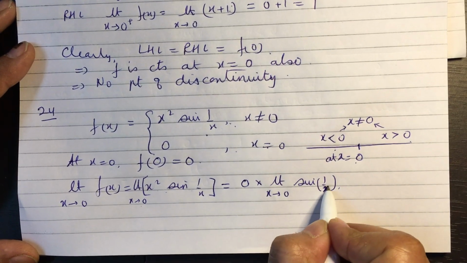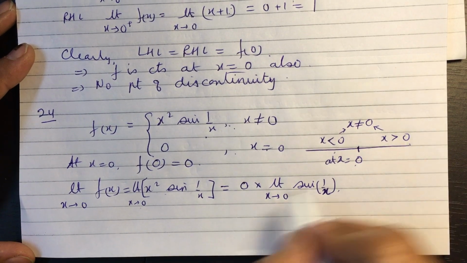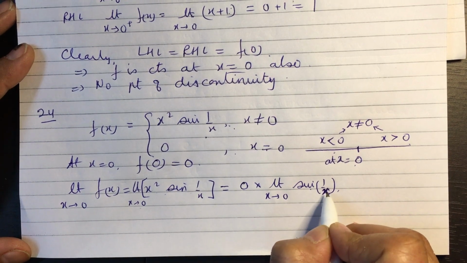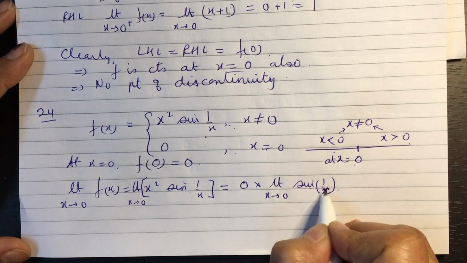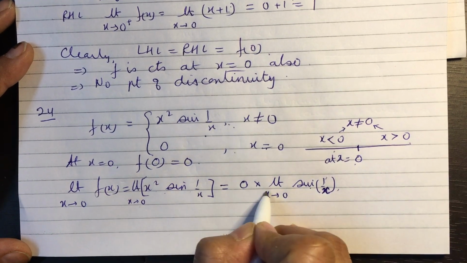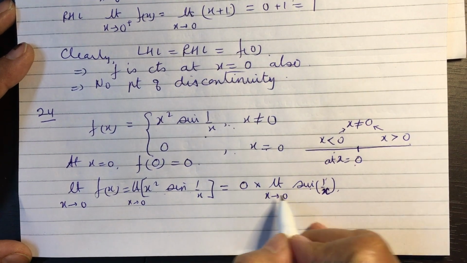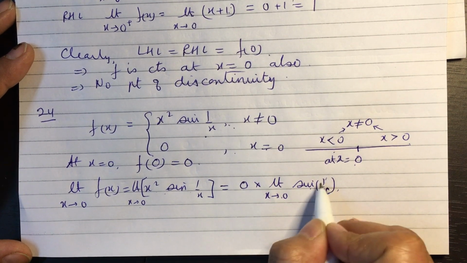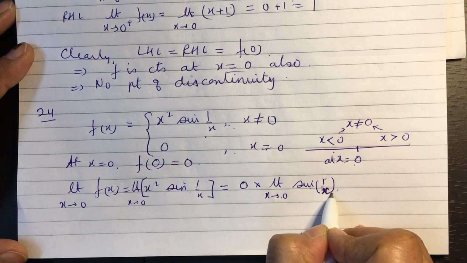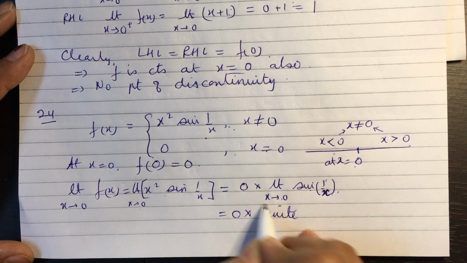But here we know that sine always lies between -1 and +1, and the only point at which 1 upon x is not defined is at x equal to 0, but since we are considering the limiting case, this is something in the neighborhood of x equal to 0, but not at x equal to 0.